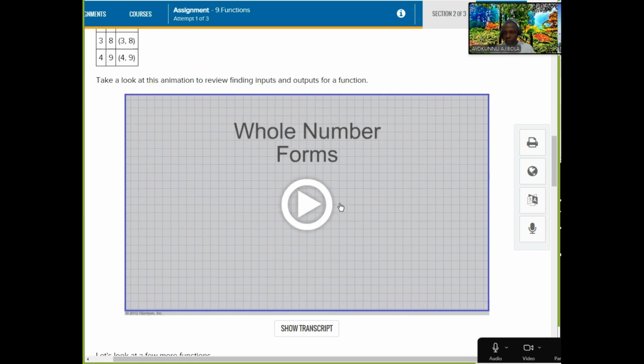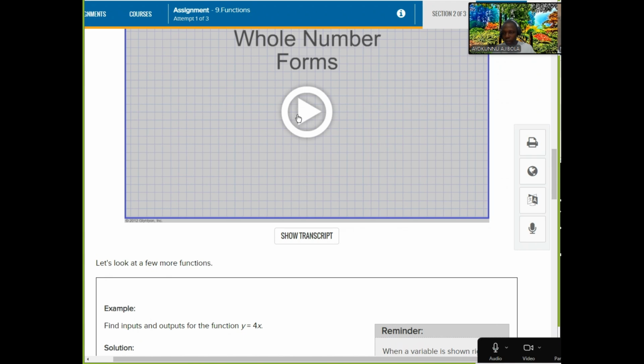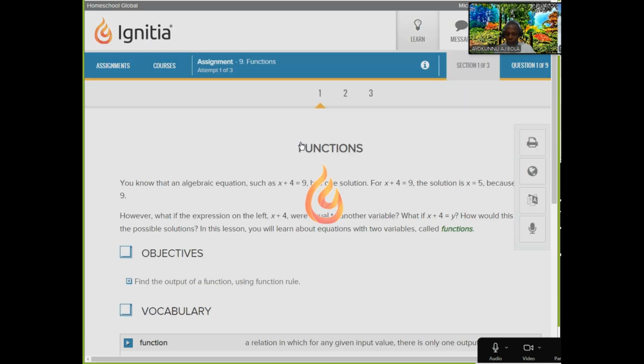Maybe I'll need to refresh this because it's not playing out. Okay, I think it's loading now.